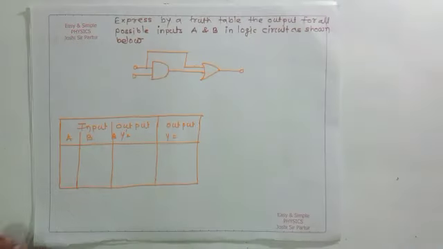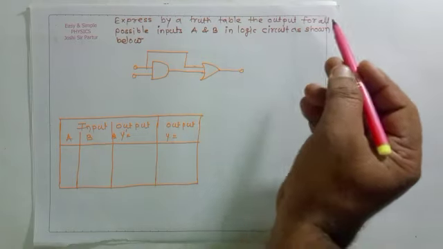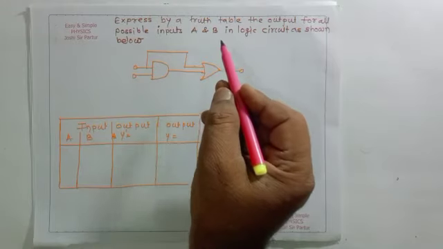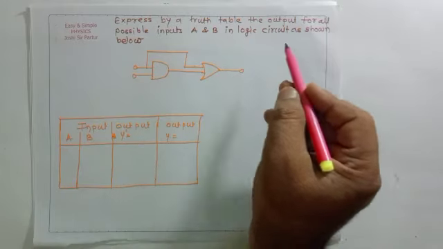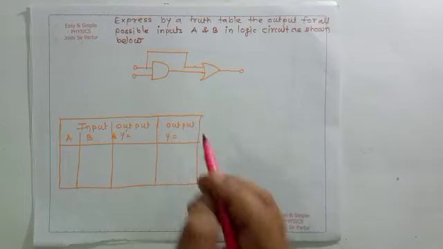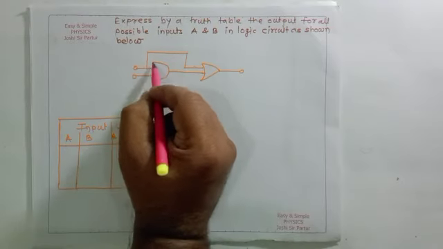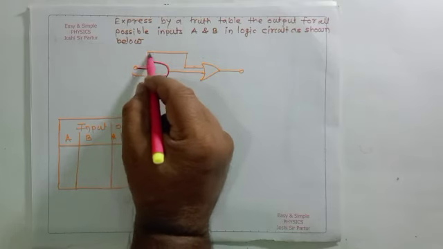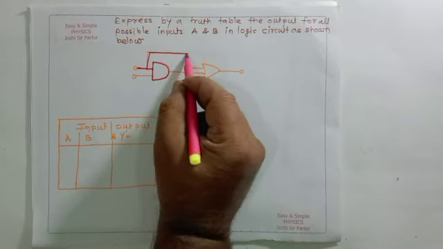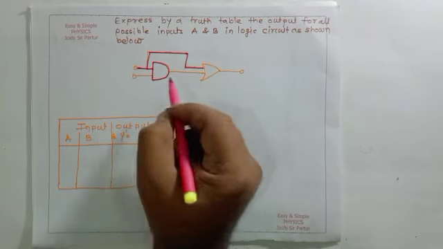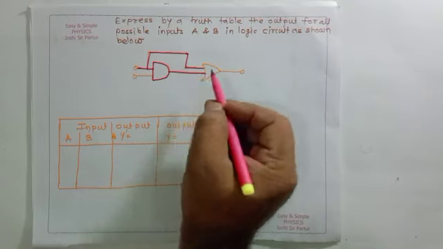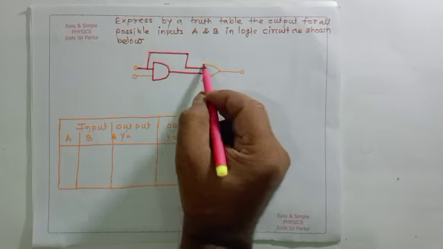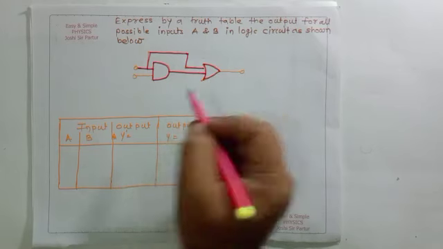Similarly, another question: express using a truth table the output for all possible inputs A and B in the logic circuit as shown in the figure. See here, this logic circuit has an AND gate. The input of the AND gate is also an input of the OR gate, and the output of the AND gate is also an input of the OR gate.